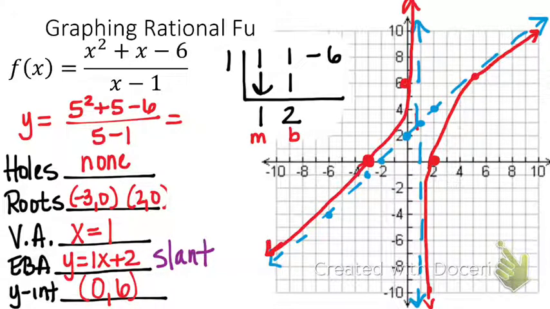So we did our synthetic division to find our slant, graphed our slant, and then you can pick any number. I picked 5, but you can pick any number.